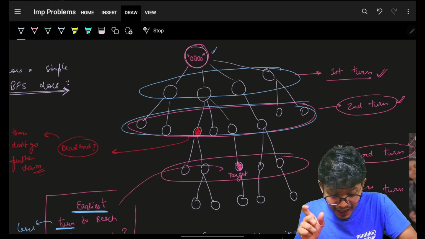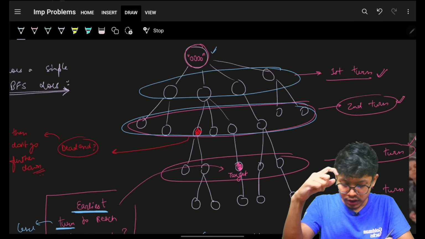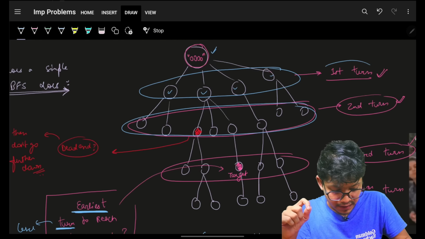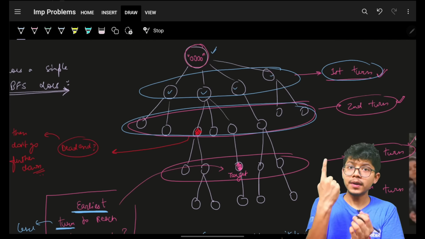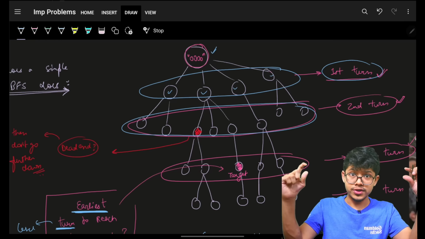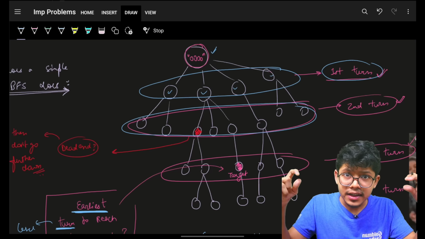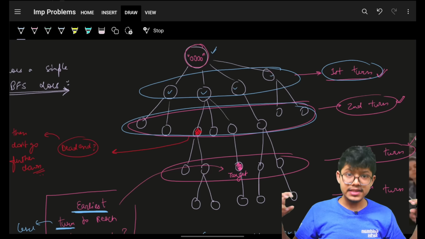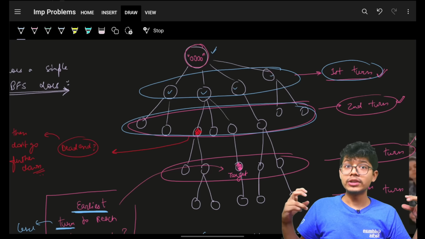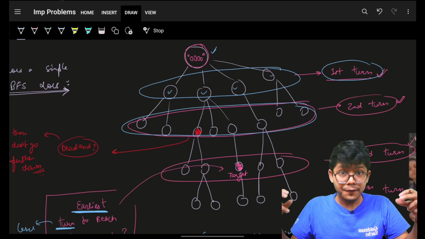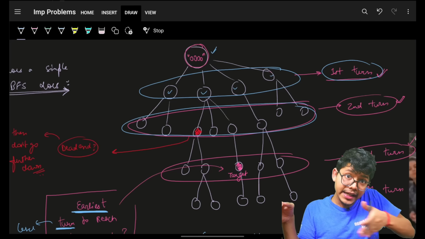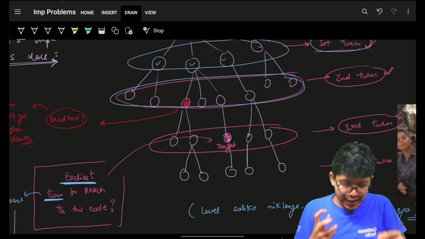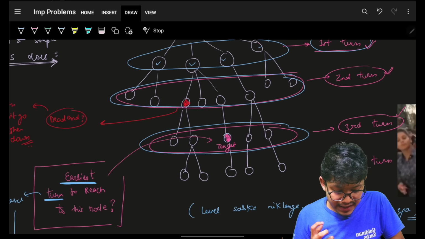Then we realized we had nodes at this specific level. As soon as I was at the root node, I went to all the possible eight nodes. In the first turn, I can reach all these nodes. Then at the second turn, from all these 8 nodes, I will again branch out to 8 other nodes, which are again the possible answers. For the third turn, I will again branch out 8 from all the second turn ones. I'm trying to see at which level I can achieve my target.